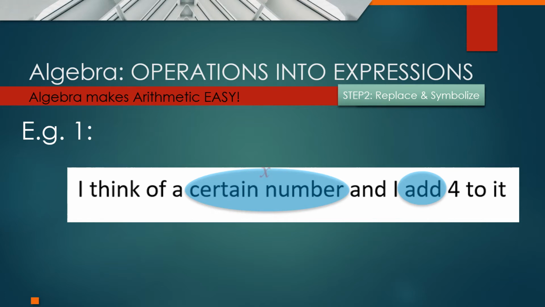Certain number can be replaced with x and add can be replaced with the add or plus sign. Our third step is rewrite and connect. We simply rewrite x plus and we include 4, which connects it to the information of the question.